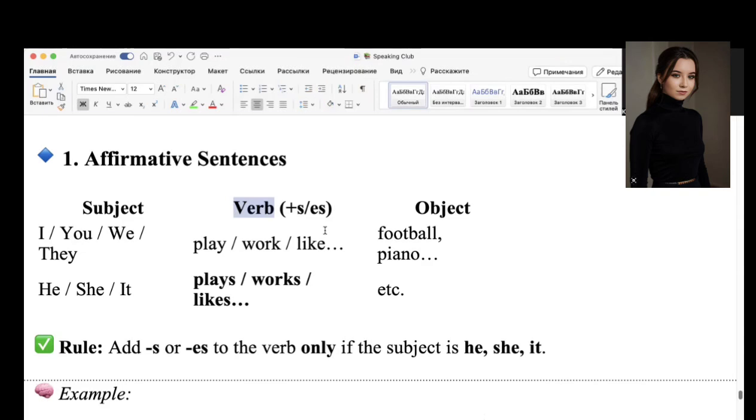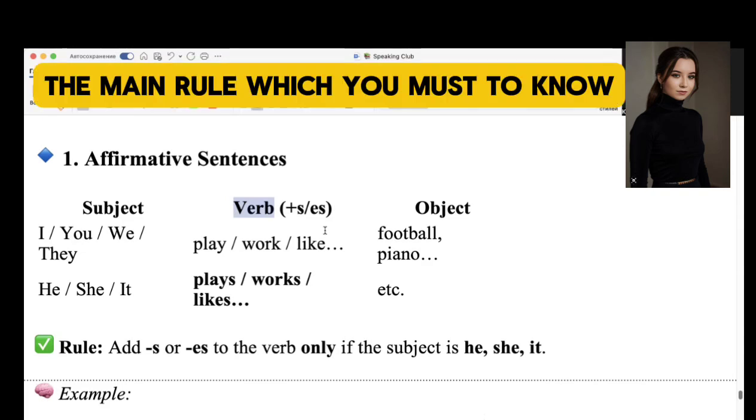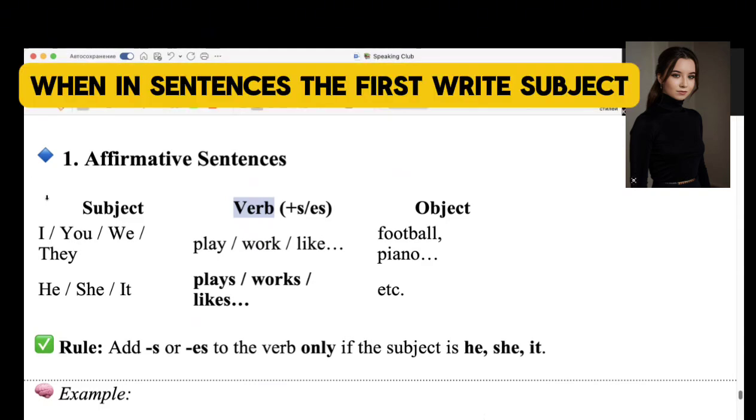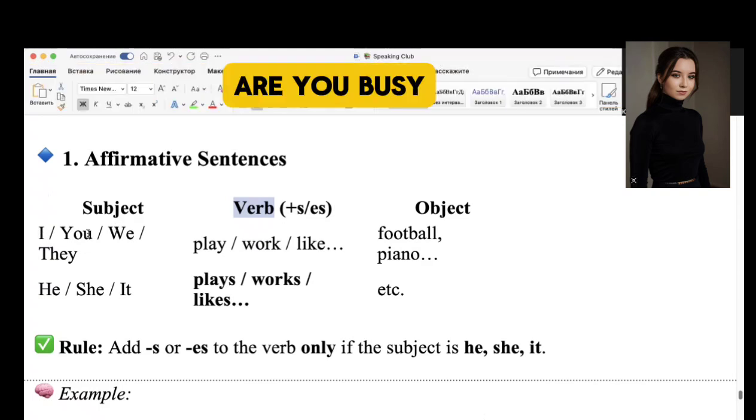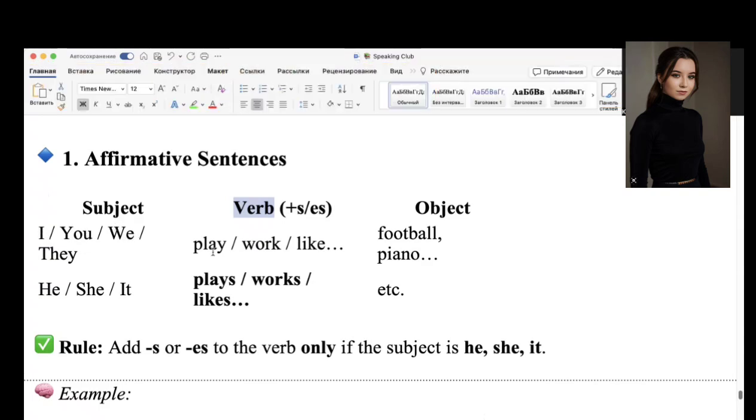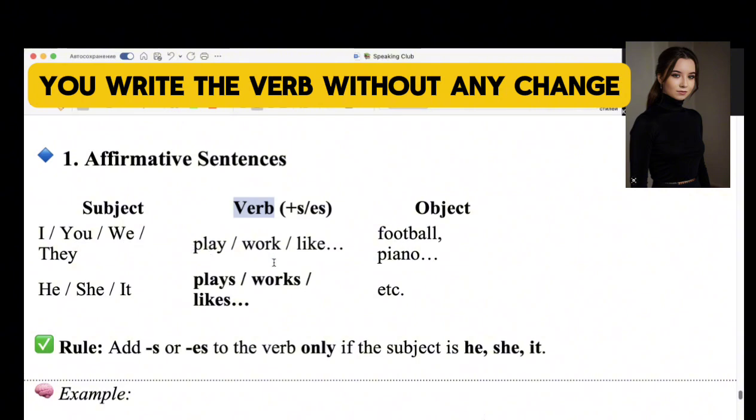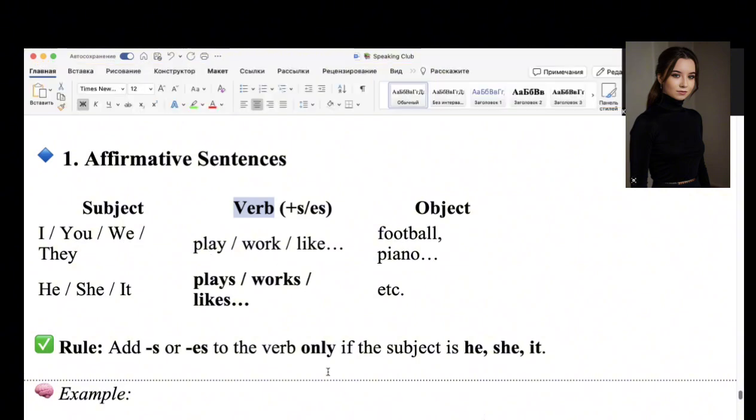So, the main rule which you must know: when the subject in the sentence is I, you, we, they, you write the verb without any change.